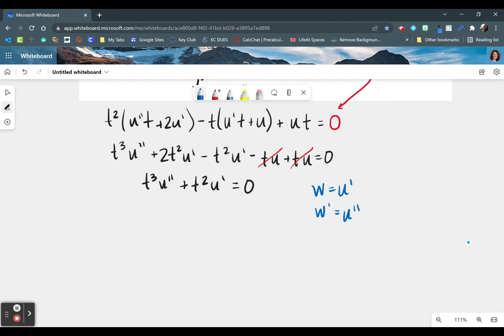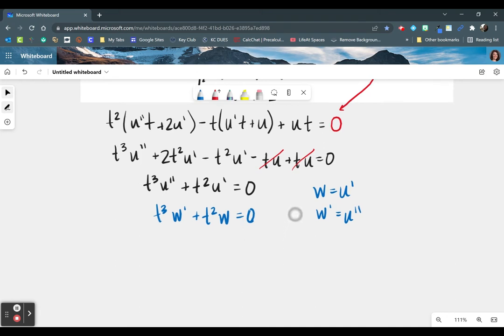And we do this so that we have a first order differential equation, because those first order differential equations are separable. So we have t cubed w prime plus t squared w, and this will be separable for me, so I can just solve that differential equation.